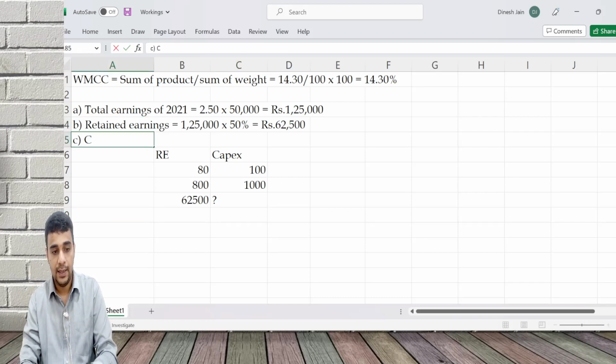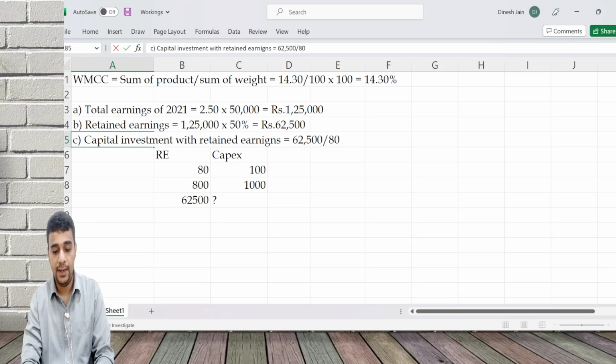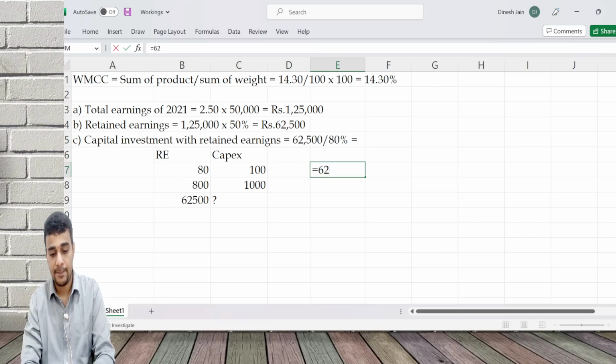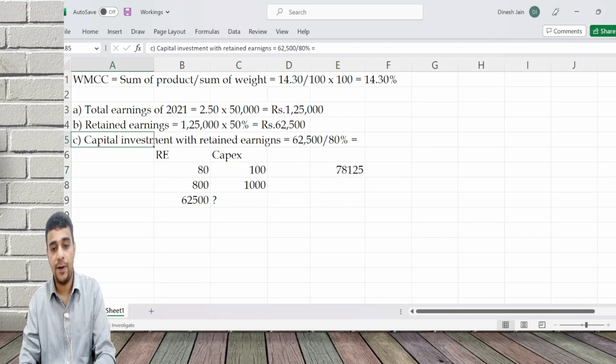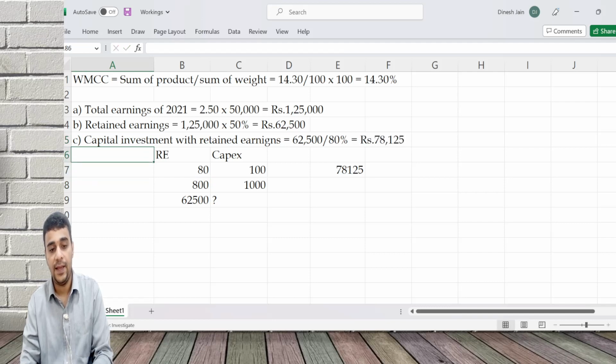So capital investment with retained earnings is equal to 62,500 divided by 80%, which is 78,125. I can do this with the available retained earnings.